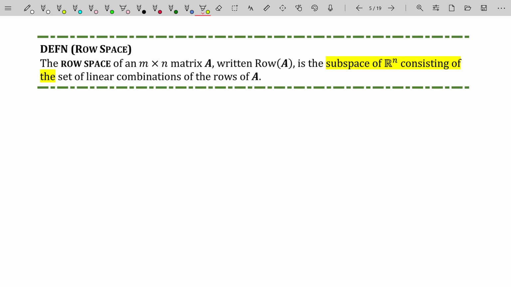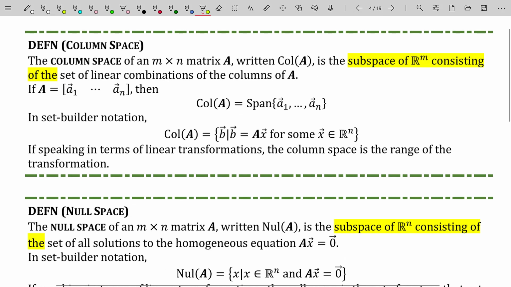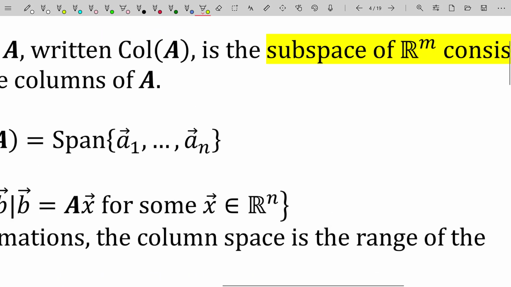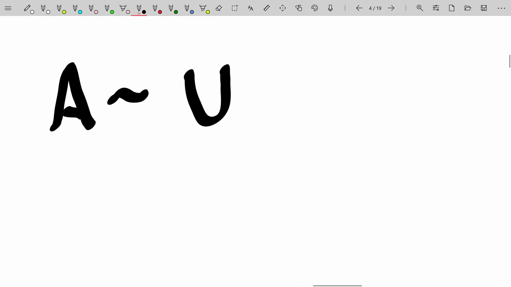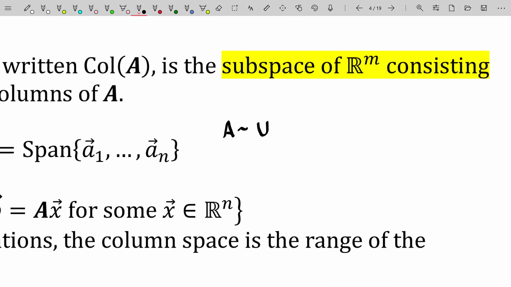Now, something I want to draw your attention to is that when you were working with the column space of A, you had to be very careful about taking A and putting it into an echelon form. Remember, you had A, you got it into an echelon form, we'll call that echelon form U, and it turned out that the column space of the echelon form is not necessarily the column space of the original matrix.